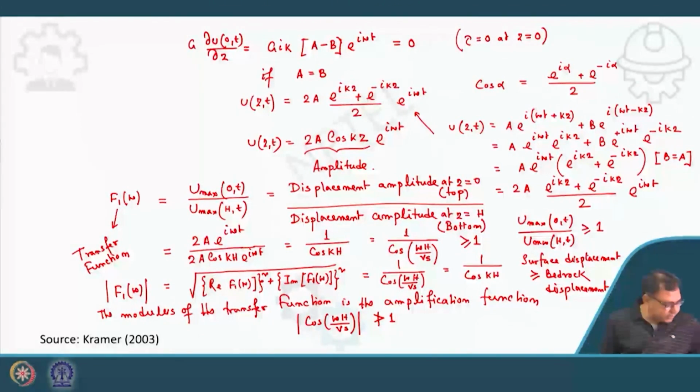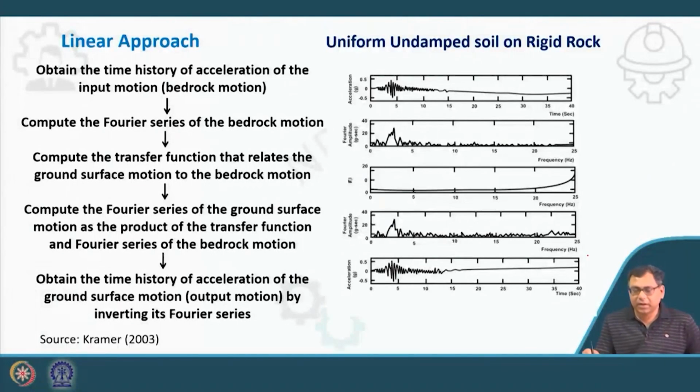So, finally, if I go to this curve again, this is my bedrock motion. I will go from the time domain to the frequency domain by Fourier transform. So, I will get the Fourier series, and then I will get the transfer function, or the modulus of the transfer function, for this particular case, uniform undamped soil on rigid rock.